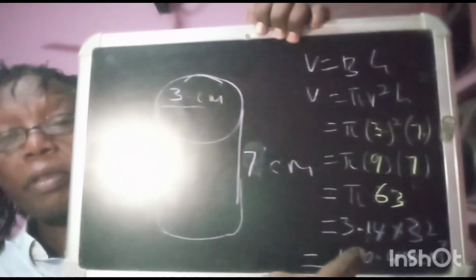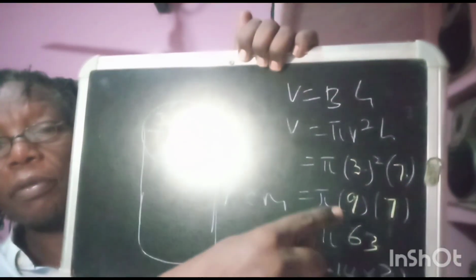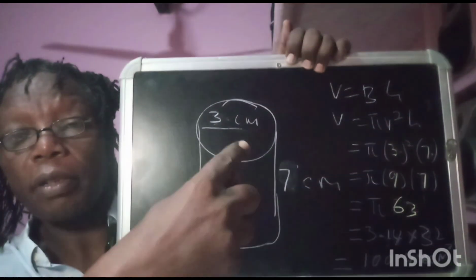You see, I've reached here, I've substituted the values in there and changed the values here in centimeters. So we're going to have 63 times 3.14. One minute, let me clear this stuff. That is 63 times 3.14.